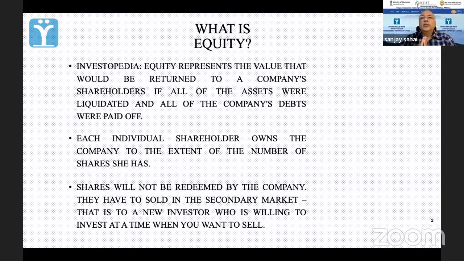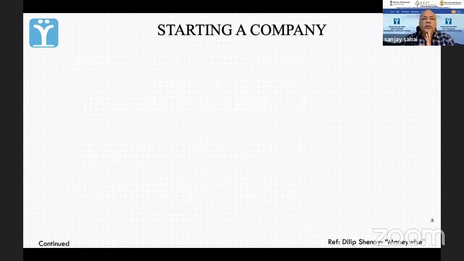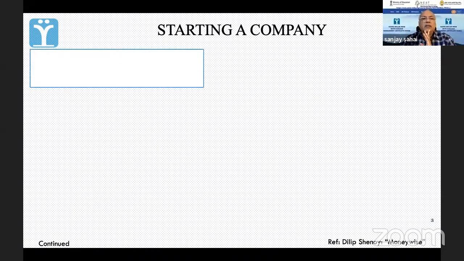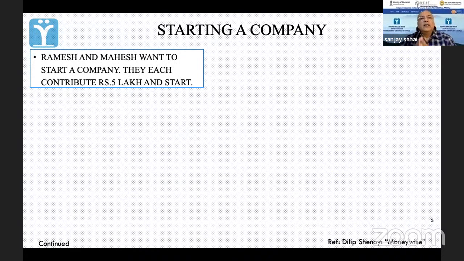And with that in mind, we will start with the first thing. Now, what I'm saying here is that we are starting, Ramesh and Mahesh, they've decided to start a company. And they each put rupees 5 lakh to start this company.